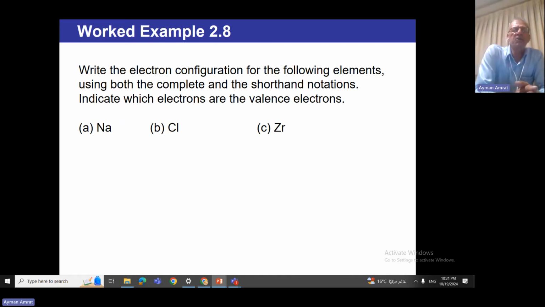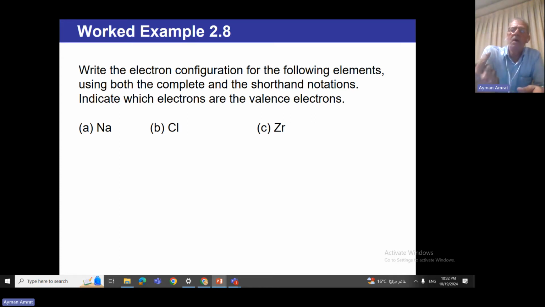Write the electronic configuration for sodium. Sodium has atomic number 11, which means 11 protons. In the atomic state, the number of electrons equals the number of protons, so sodium has 11 electrons. To write the electronic configuration for sodium: 1s2, 2 electrons, 2s2, 4 electrons, 2p6, 10 electrons.